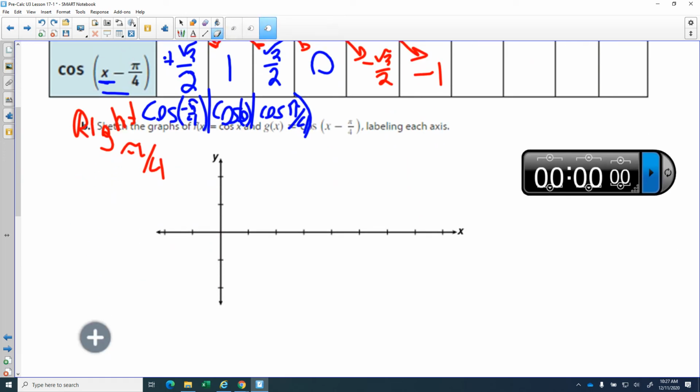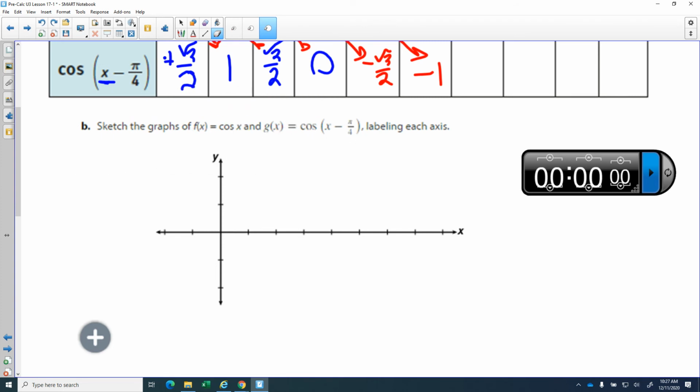In this next question, they're literally asking, how could you shift a cosine graph by negative pi over 4? Well, once again, we are going to focus on those actual values. Let's just say in between the graph here, we make this going up by pi over 4.